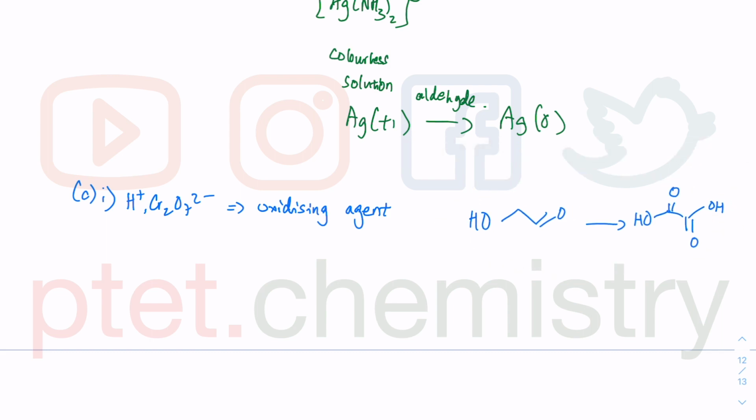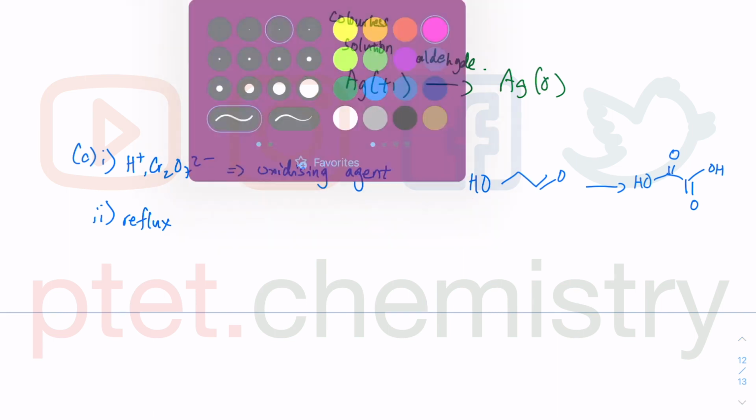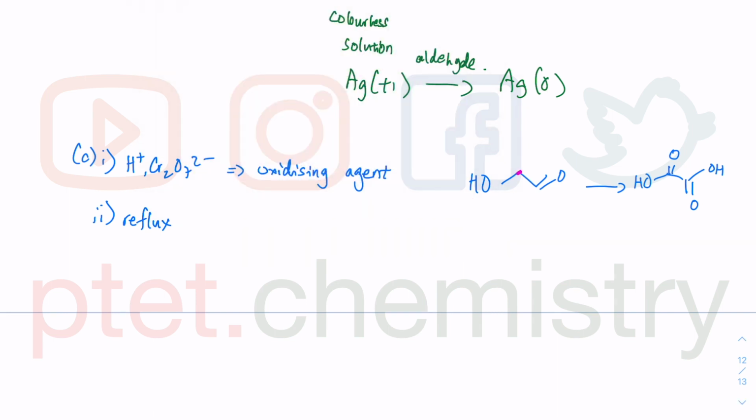State and explain other necessary conditions for the reaction to be successful. As mentioned, you need to reflux it. You cannot heat and distill because you want to ensure complete oxidation of the primary alcohol. This is the primary alcohol. This is the carboxylic acid. You want to ensure complete oxidation.